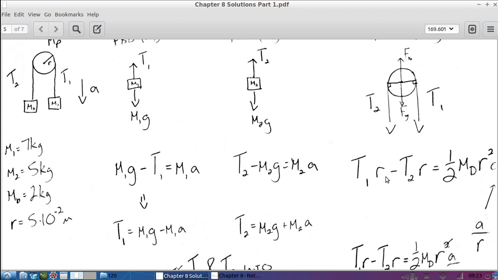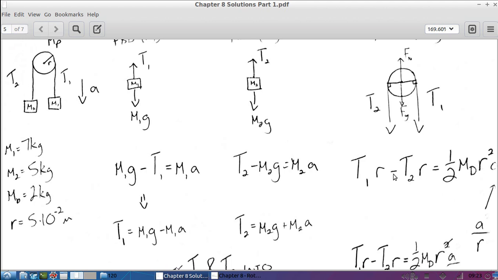I don't have to worry about my sine theta term. Same thing for T2. T2 is applying a force at distance r. So the torque being applied on the pulley by T2 is T2r. Okay, again, for the same reason, the vectors are perpendicular to one another. I don't have to worry about the sine theta term.